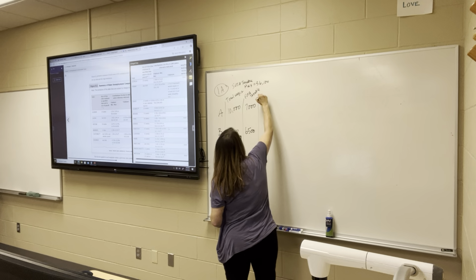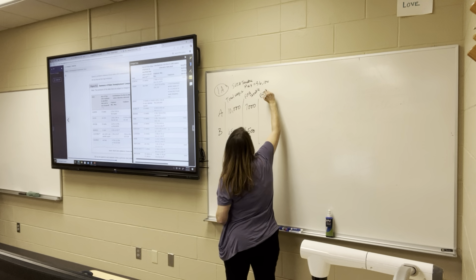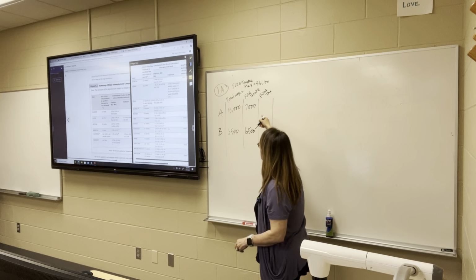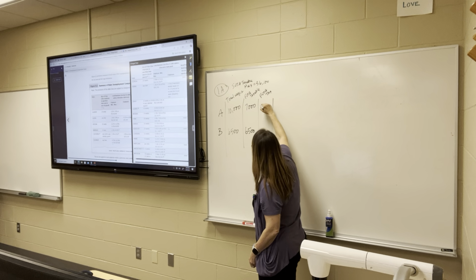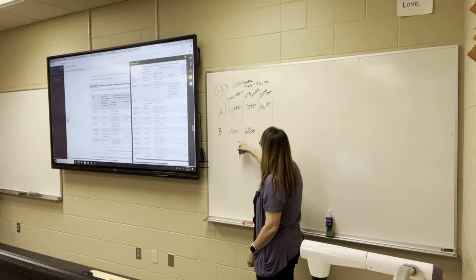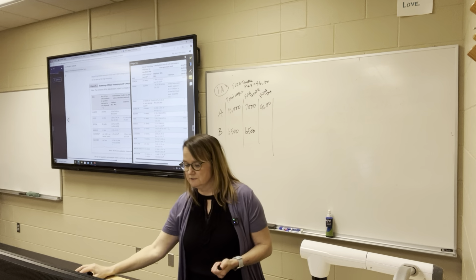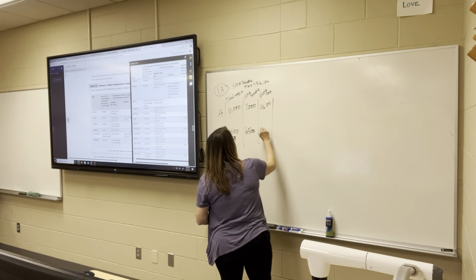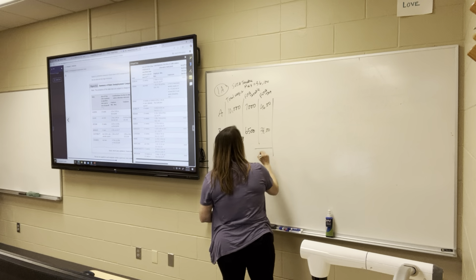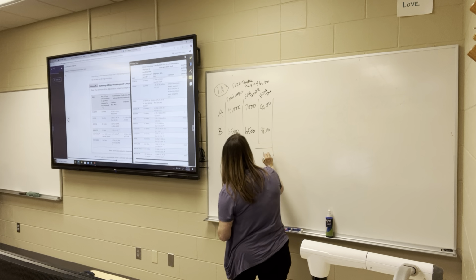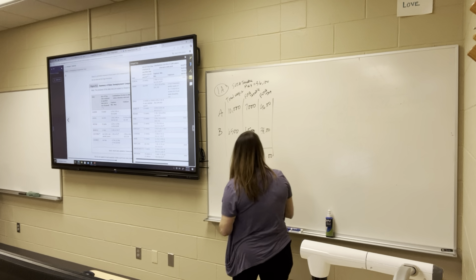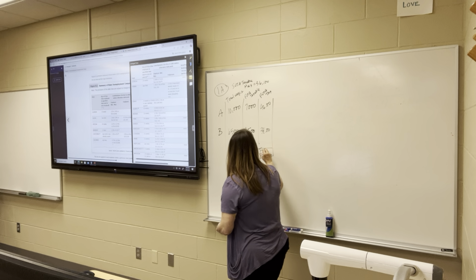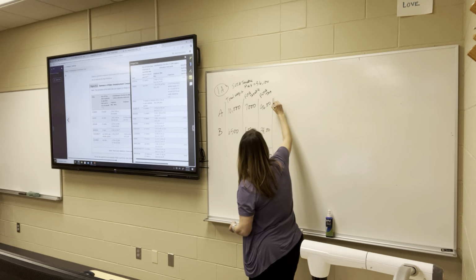So FUTA tax for each of these would be $42 here and, on $6,500, how much? $39. Okay, so our total taxes are $81 for FUTA taxes, right? This is just FUTA. All right, let's do a little double line here.